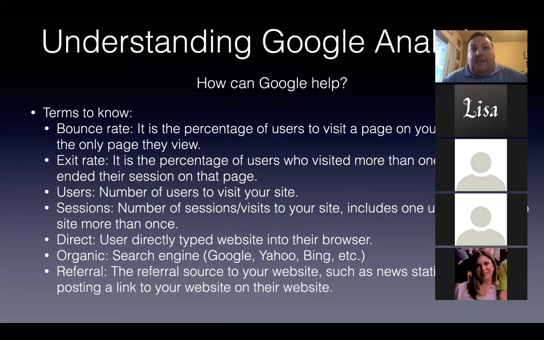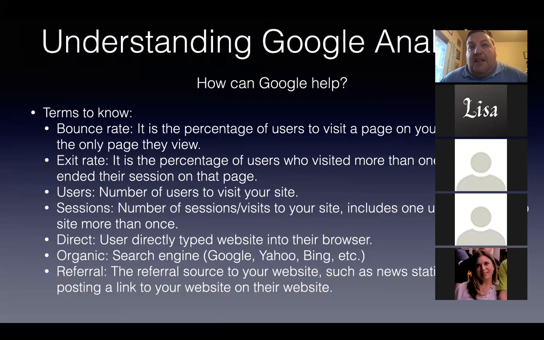An exit rate is the percentage of users who visited more than one page and ended their session on that page. So if somebody goes to your home page, then clicks on, let's say, your jobs tab, and after they scroll on the jobs tab, they click off of it, that will count toward an exit rate. Users is the number of users to visit your site.